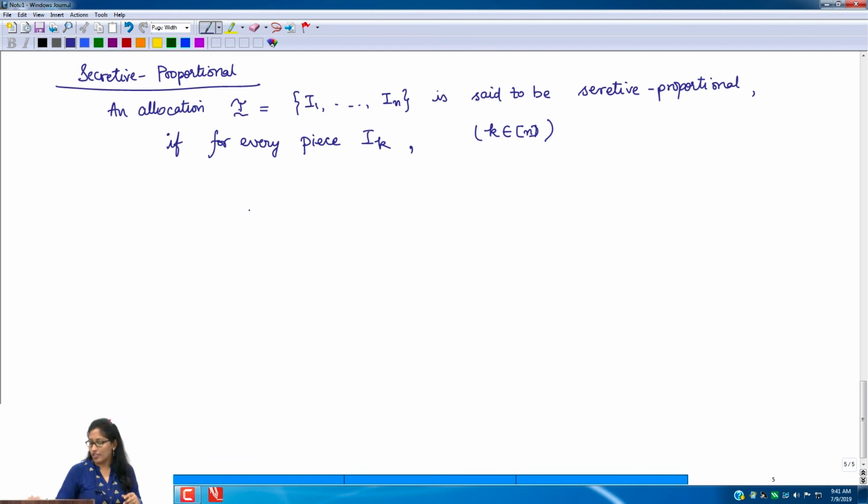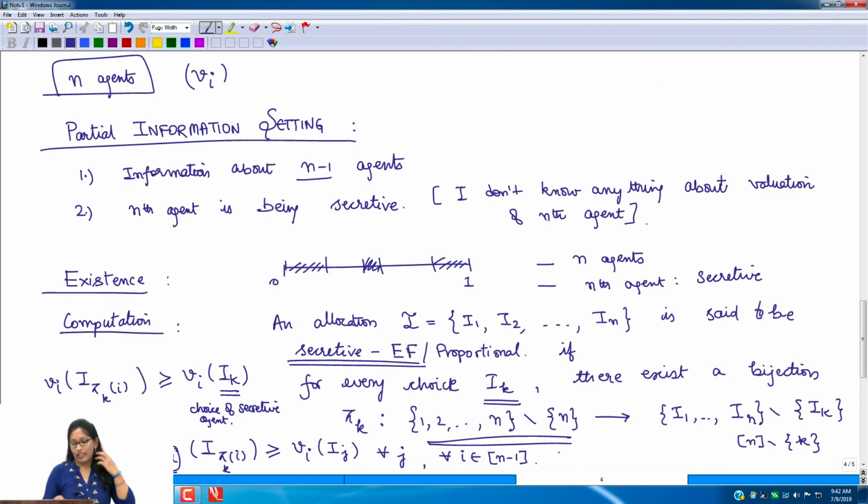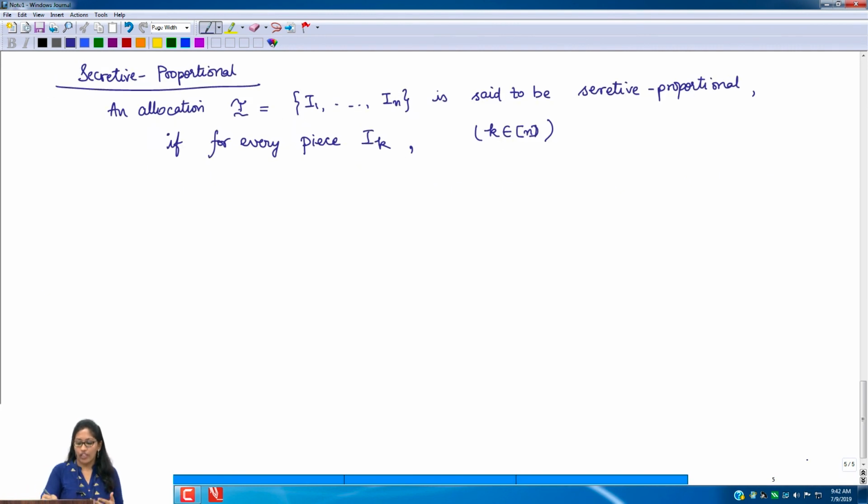Just see the definition of secretive envy-freeness, for every choice Ik, where k can be anything. So we wanted an existence of a bijection, right? So I want for every piece Ik, or for every choice Ik, and this choice is of the secretive agent, an existence of a bijection. There exists a bijection pi k.